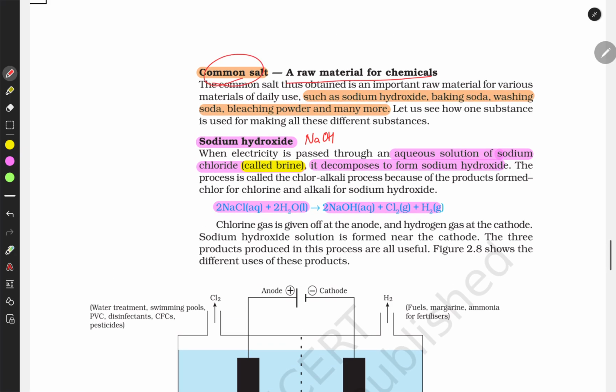Common salt is a raw material for chemicals such as sodium hydroxide, baking soda, washing soda, bleaching powder and many more.